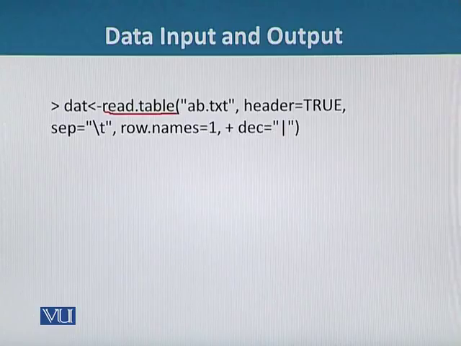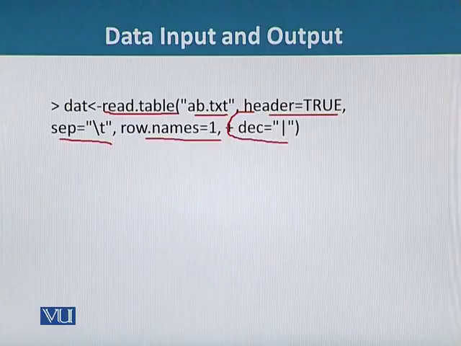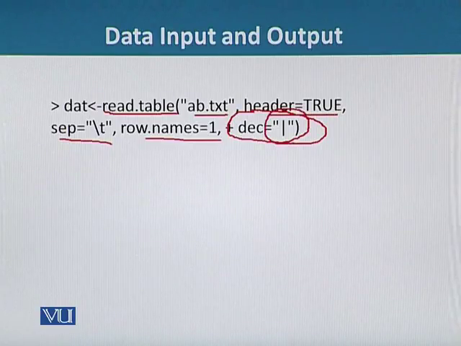This is the name of the file, this is the header, then this is the separator and the same row names, but this is the addition in the command, because the delimiter is not the dot, and then we have to tell in the command which type of delimiter is present.